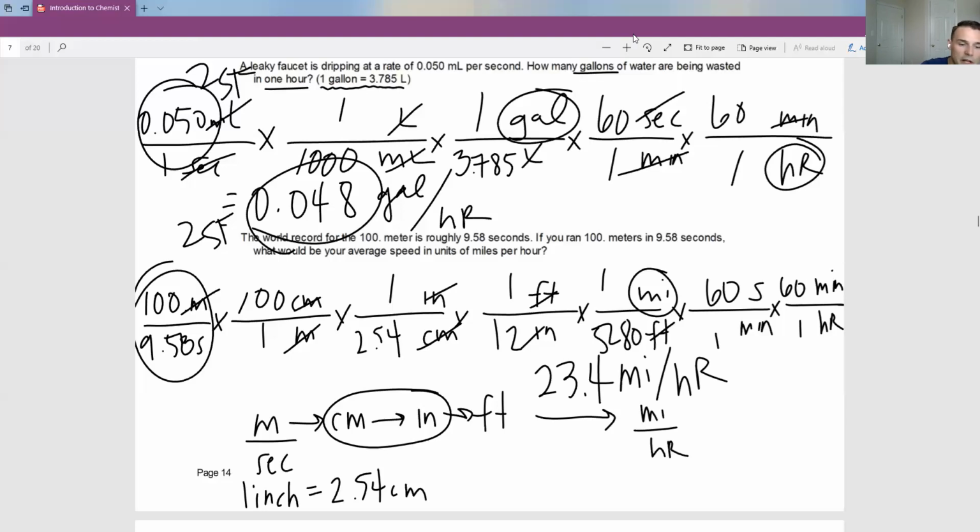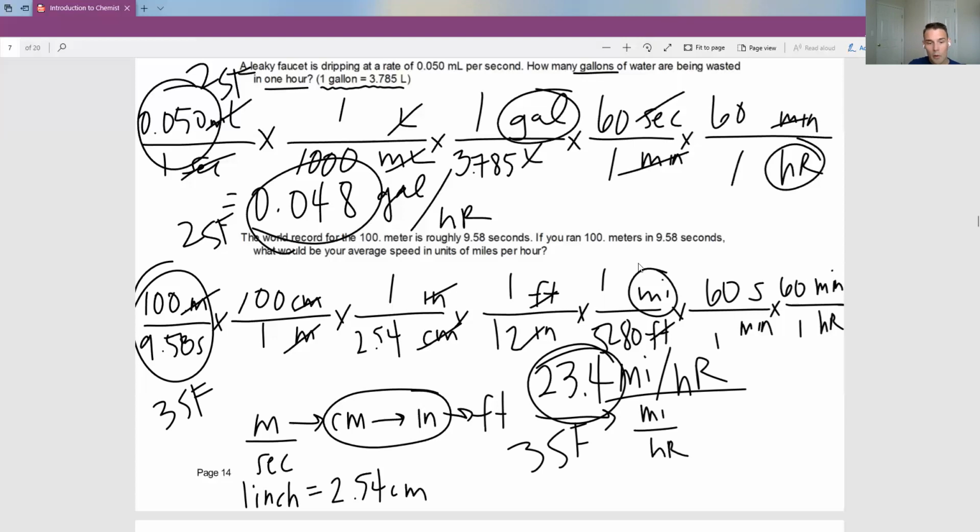Both of those numbers there had 3 sig figs. This has 3 sig figs. Okay, so that's correct. I've got my unit. So that is your answer. So the world record, when I made this like 8 years ago, so this is probably very outdated, was 23.4 miles per hour. So that's pretty fast.